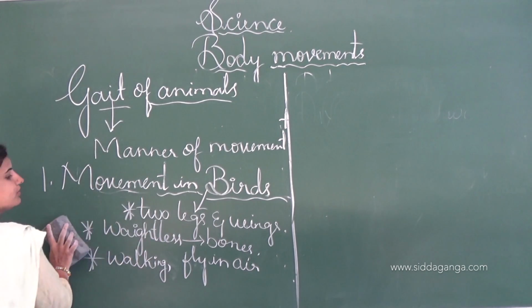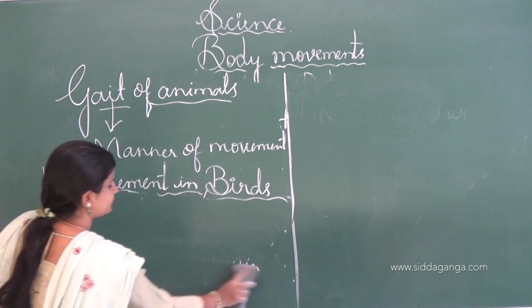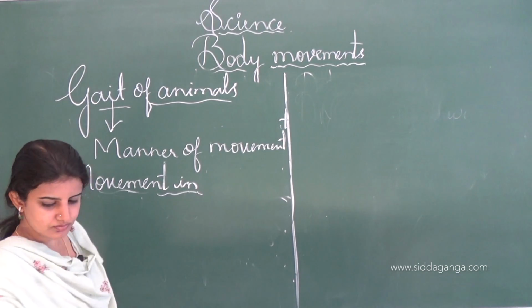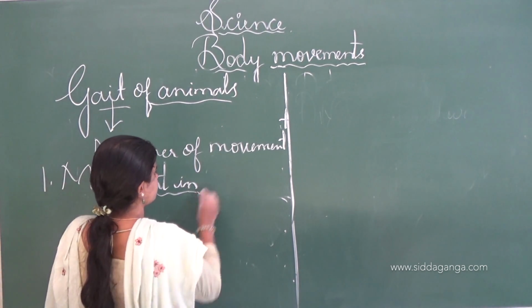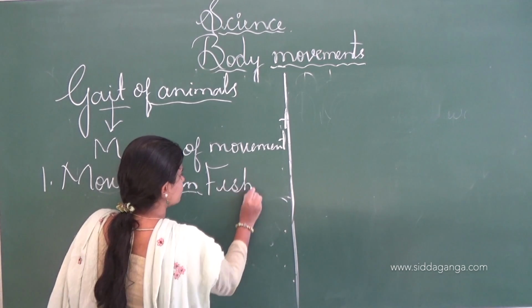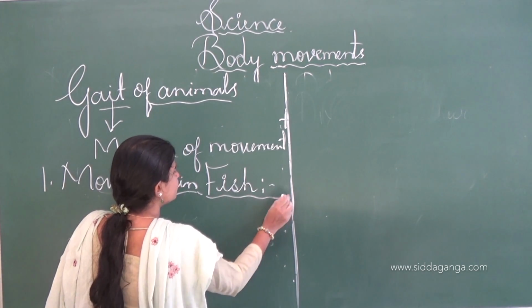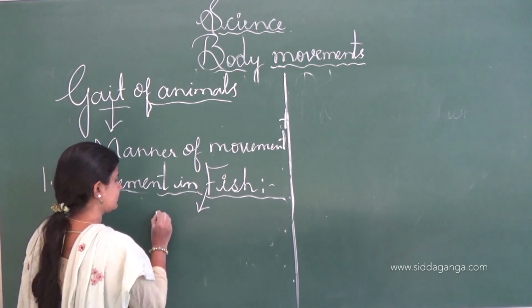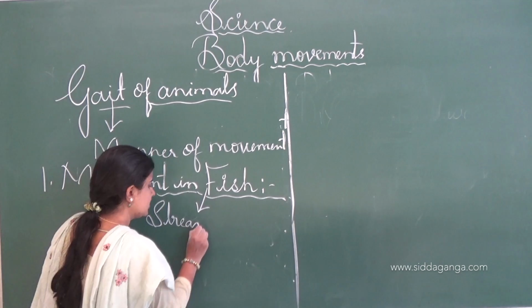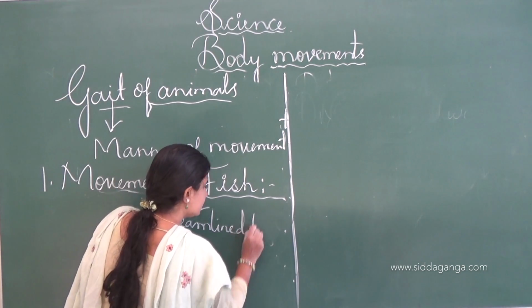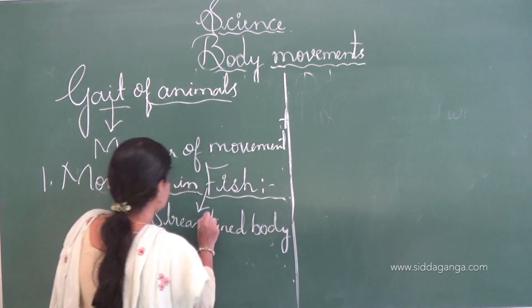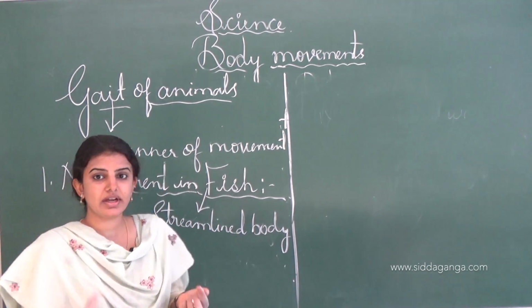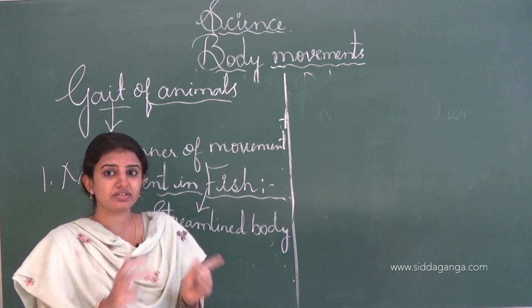Next is the movement in fishes. Usually a fish has a streamlined body, like that of a boat, which also has a streamlined body.